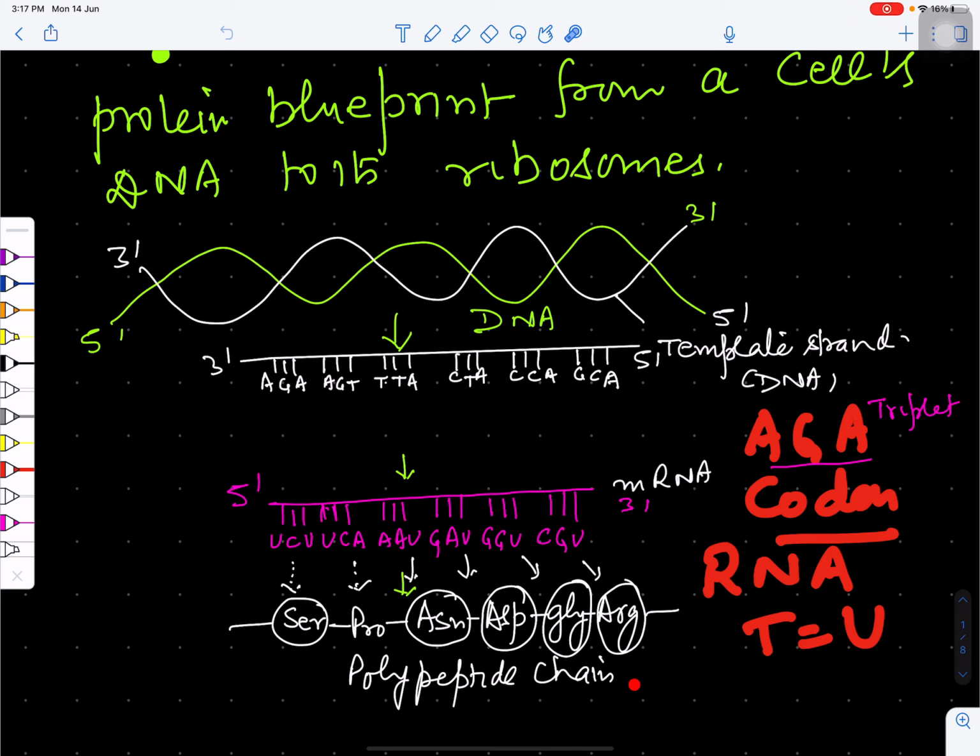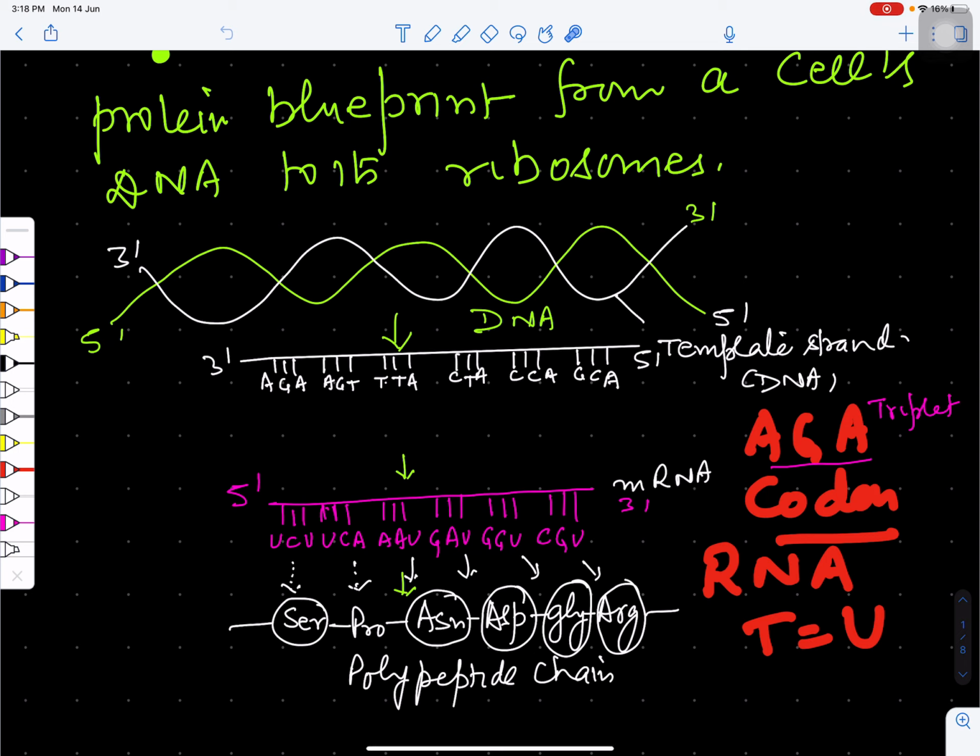This formation of protein from the DNA is called translation. Formation of RNA is called transcription. Now UCU will form serine, UCA will form proline, AAU will form asparagine, GAU will form aspartic acid, GGU will form glycine, CGU will form arginine. So a polypeptide chain will be produced.